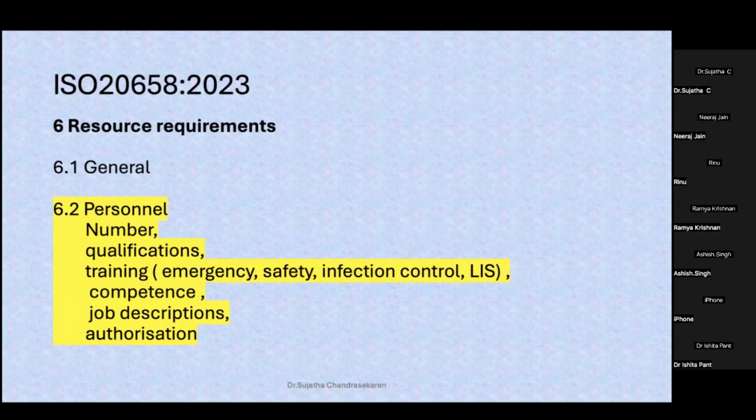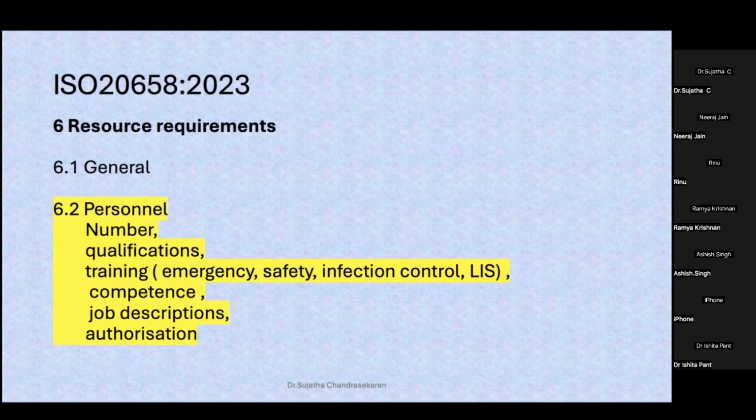The training should include, in addition to the specific sample collection activities, technical, emergency management, safety, infection control, LIS. All these trainings are required. Then the competence assessments have to be done as per the policy annually. Then the job descriptions have to be clearly written as to what they can do and what they cannot do.